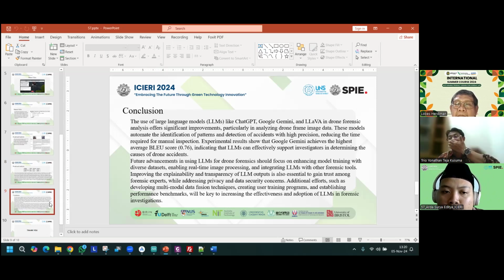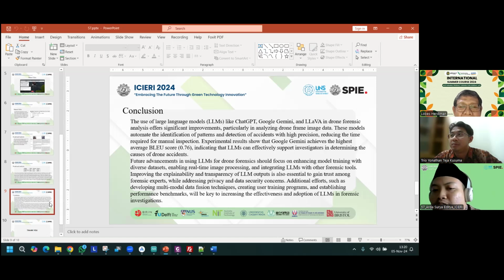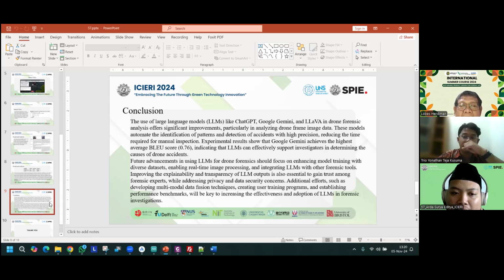These models automate the identification of patterns and detection of accidents with high precision, reducing the time required for manual inspection. Experimental results show that Google Gemini achieved the highest average BLEU score of 0.76, indicating that LLMs can effectively support investigators in determining the cause of drone accidents.